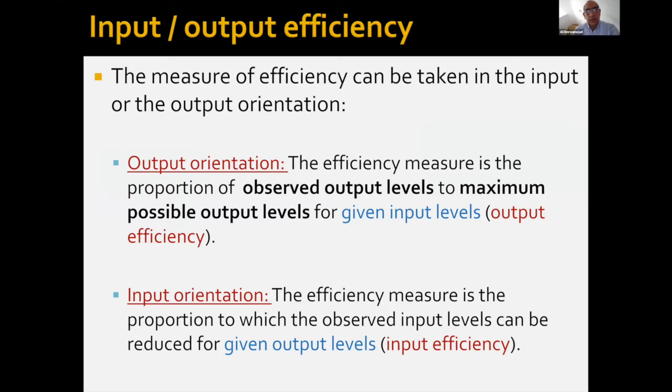In the input-oriented model, we minimize the input while we keep the output level constant. Of course, nearly 40 years after DEA began, there are a lot of other models, non-oriented models, directional distance functions, etc. But these two are the main models that were initially developed in DEA.